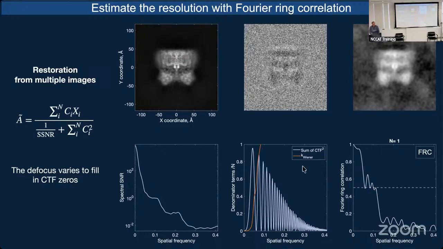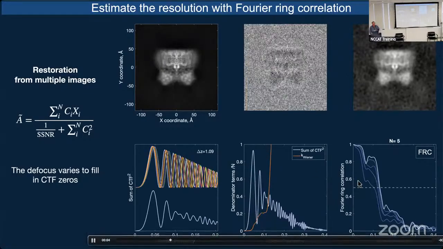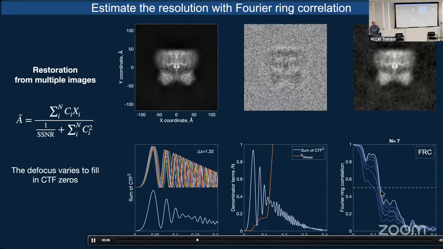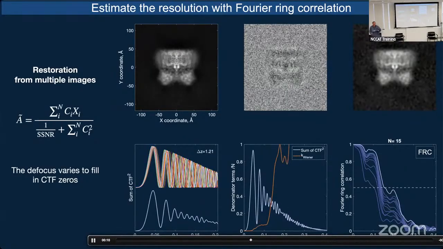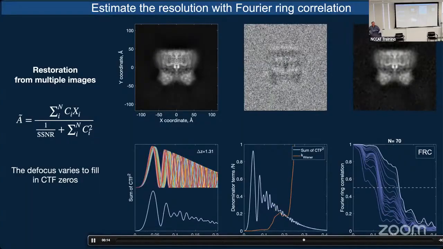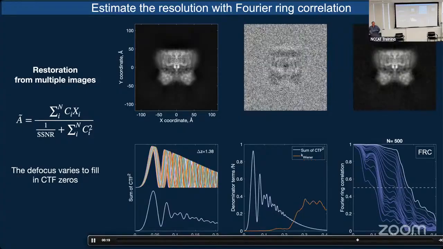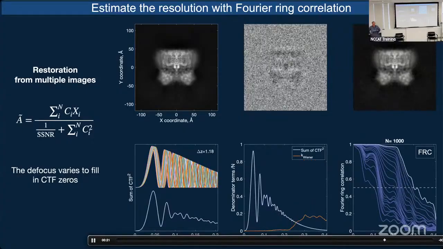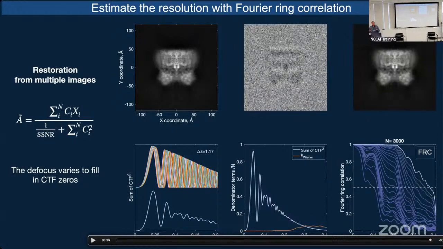Now I can go ahead and start adding more and more terms, and you can see that the correlation gets better and better as we add more terms, and the reconstruction gets better. And finally, when we get up to thousands of images, the FRC looks really good. And it turns out that there's a way to work backwards from the FRC to the SSNR.